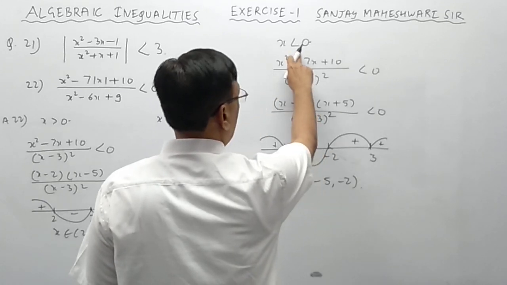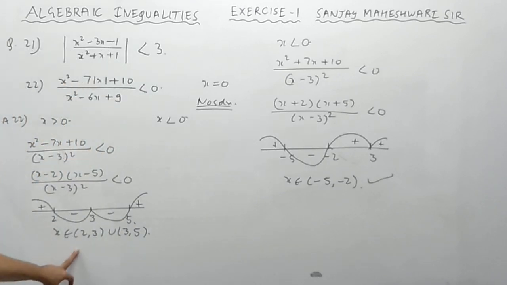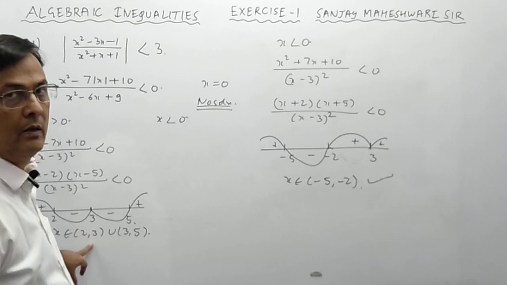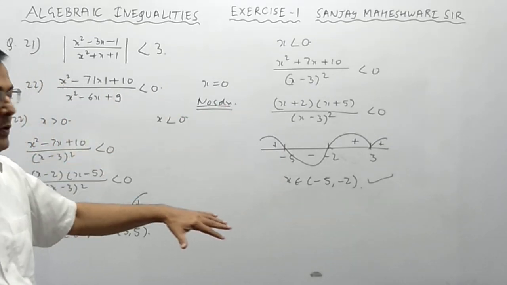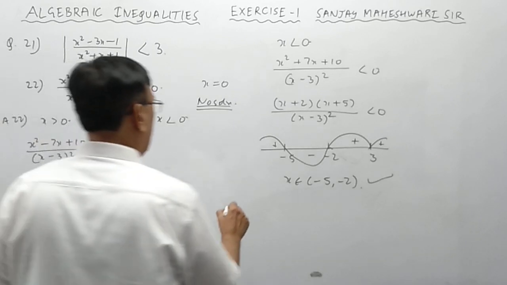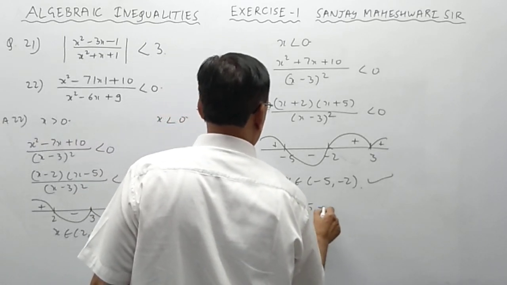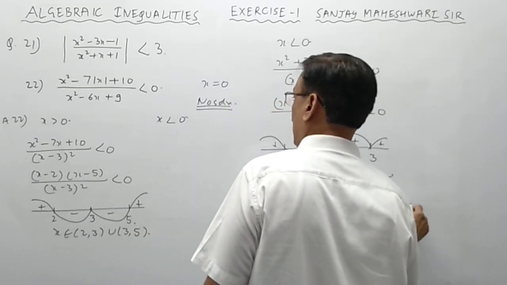But here we have taken x less than 0, so this is also acceptable. The final solution: as these two belong to different zones, we take the union of the two. The final answer is x belongs to minus 5 to minus 2 union 2 to 3 union 3 to 5.